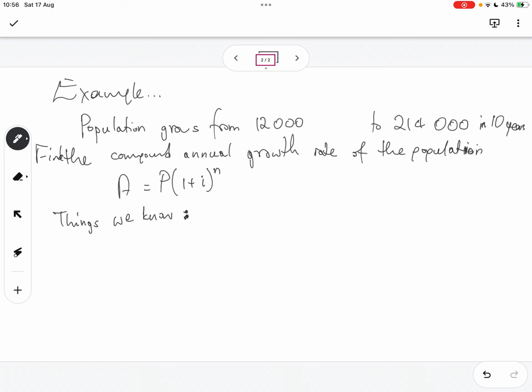Hey, Magdalene. Tell me something. This 12,000 and 214,000, between A and P, the final and principal amounts. What do these two numbers tell us about the principal and the final?